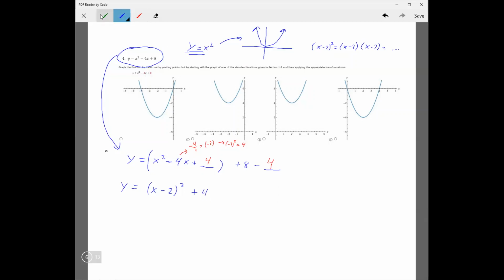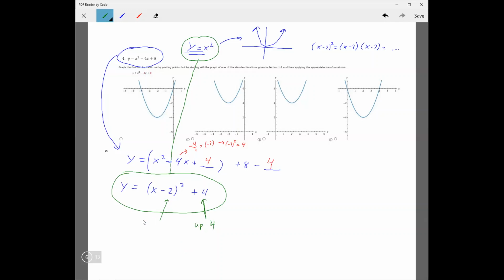Okay, so then you look at this and you say, if I'm going to go from here to here, what does the 4 do? And what does the -2 do? The 4 means what? It's going to shift us 4 vertically, up 4.